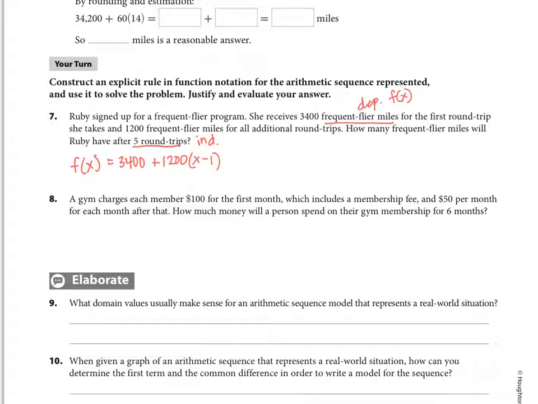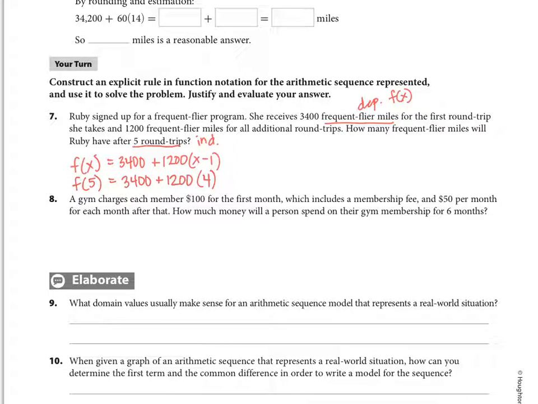Then, if I want to figure out the amount of frequent flyer miles after 5 round trips, I write f of 5 equals 3,400 plus 1,200 times 4, because that's 5 minus 1.